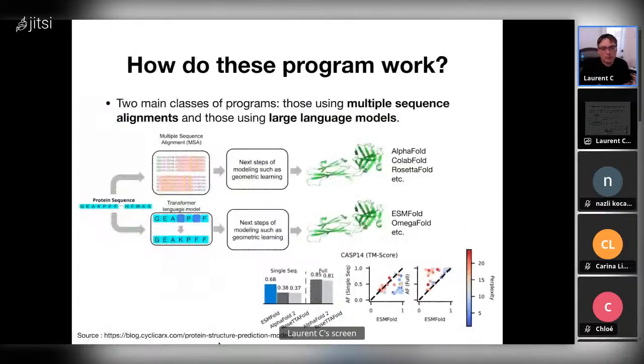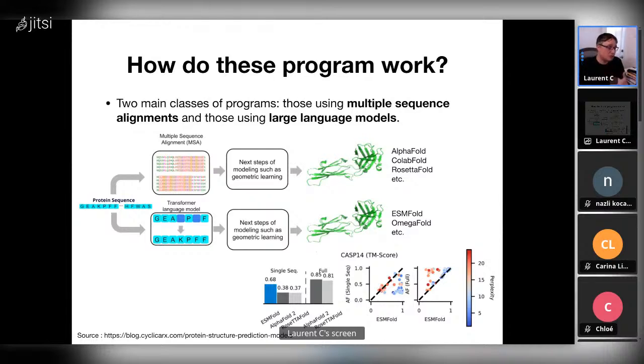So how do these programs work? Typically, they work in one of two ways. Either they use multiple sequence alignment as a primary source of information, that's the way AlphaFold works, or they can use a large language model. In the case of a large language model, the training was done not on protein structures, but on protein sequences.